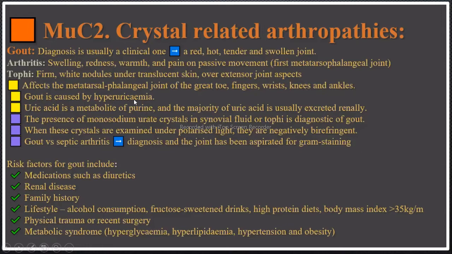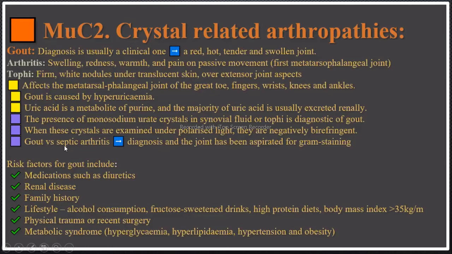Again, caused by hyperuricemia, the metabolite of purine, and the majority of uric acid is usually excreted renally. The presence of monosodium urate crystals in synovial fluid or tophus is diagnostic of gout. So this one, diagnostic, monosodium urate crystals. When these crystals are examined under polarized light, negatively birefringent.